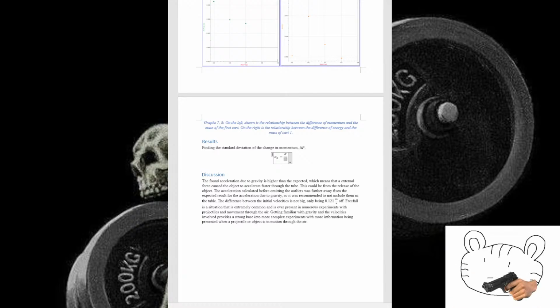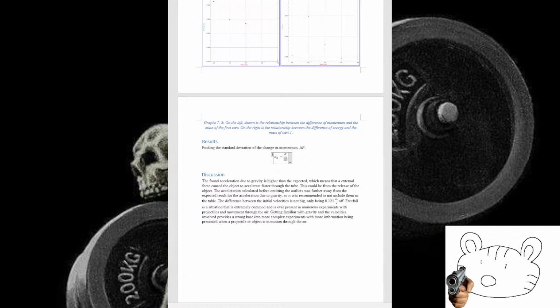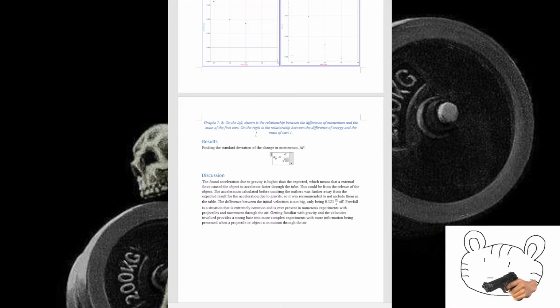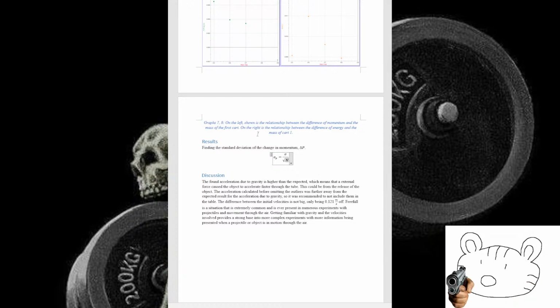Insert equation. There we go. So we want a radical of this. We want n to be in there.